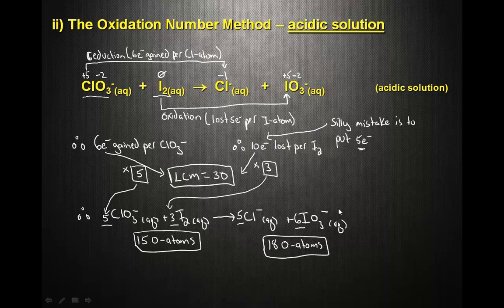Now, we don't want to go back and change any of these numbers up here. These numbers, 5 and 3, we figured out. Those are definitely the numbers. And the numbers here, 5 and 6, we got as a result of these two numbers on the reactant side. So we can't change anything to make the O's work out. So we'll call this a problem: the O atoms are not balanced.